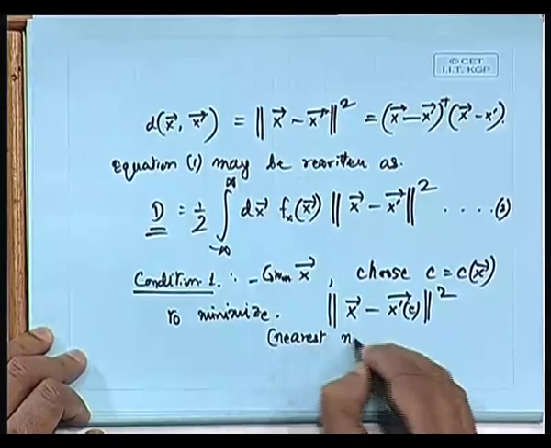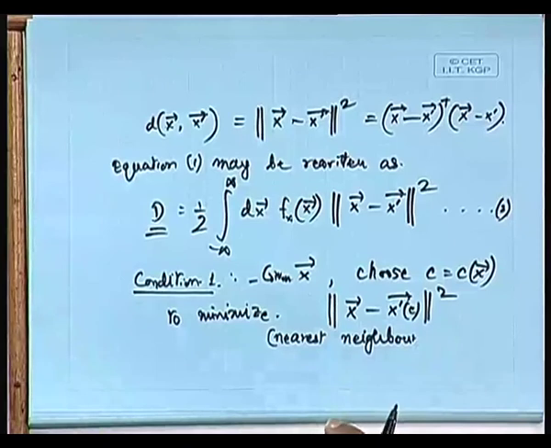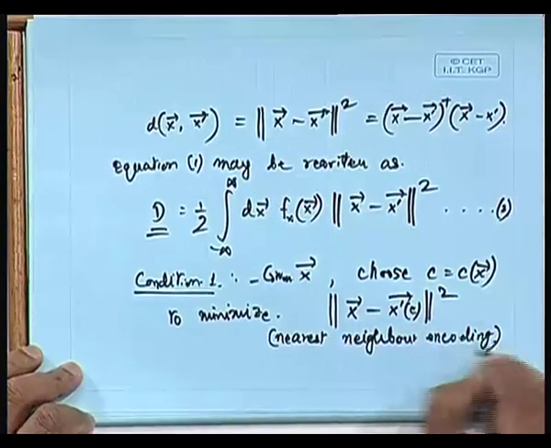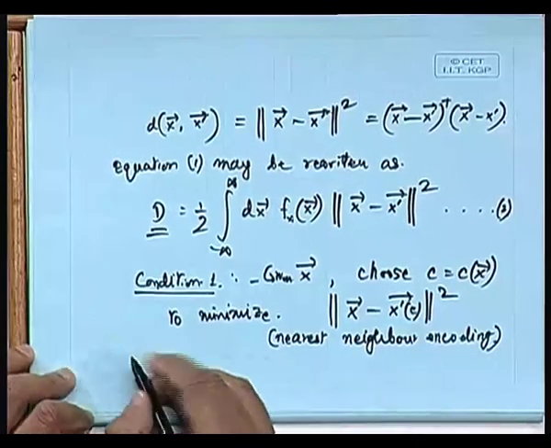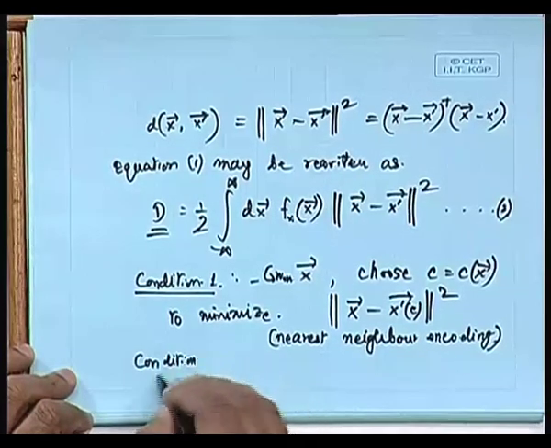What we are essentially doing, by mapping from the continuous input space to the discrete space, is making the nearest neighbor the winner. So, it is a nearest neighbor encoding. This is condition 1, and now the condition 2 that one has to fulfill is the decoder condition.